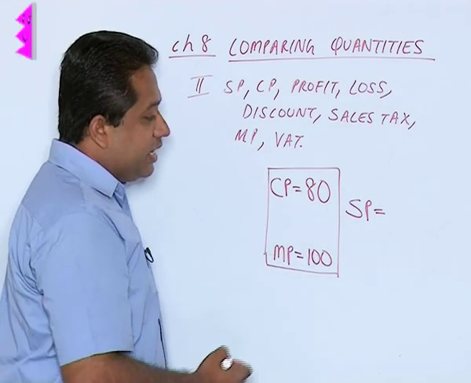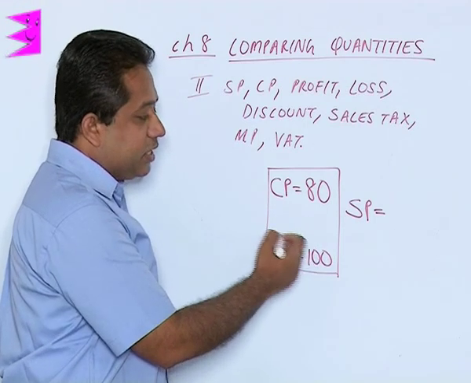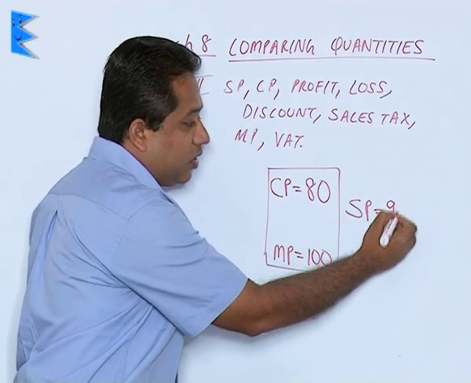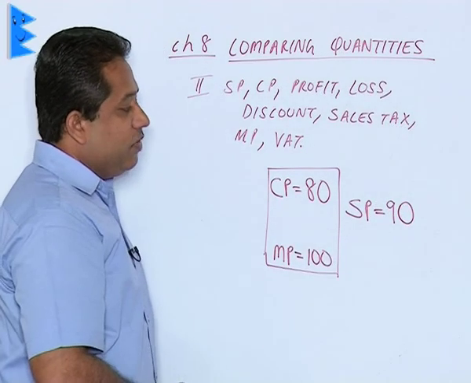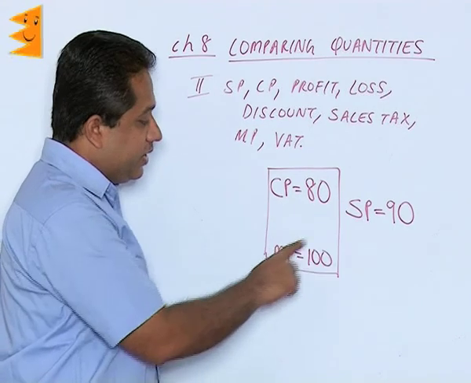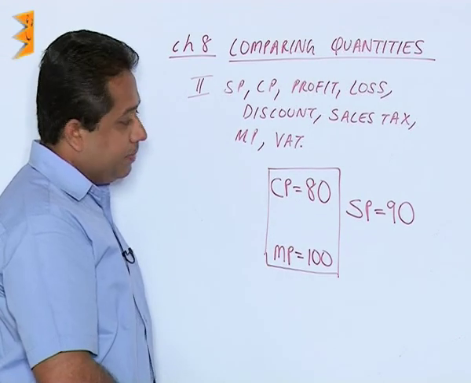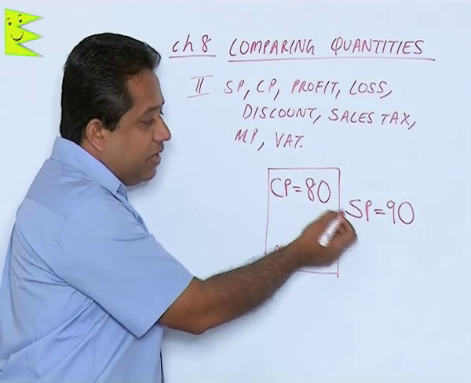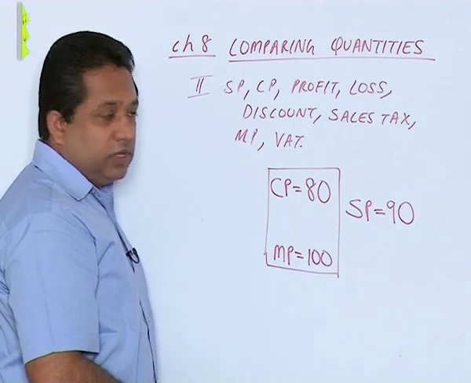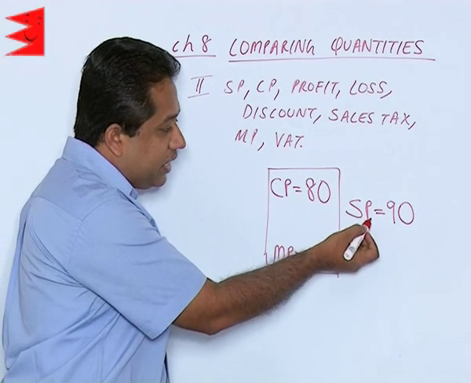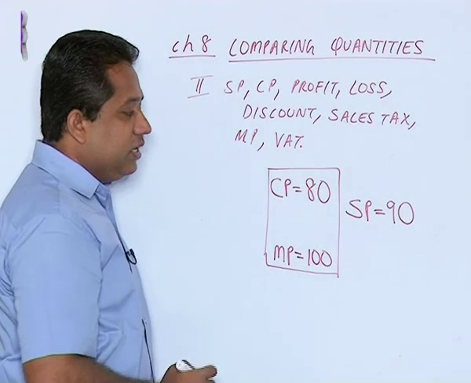So in this case, let us assume that he gives a certain discount, then he sells it for 90 rupees. So we find that the cost price, the selling price and the marked price are all different. Now, is he having a profit or is he having a loss? He still has a profit because we find that the selling price is more than the cost price.